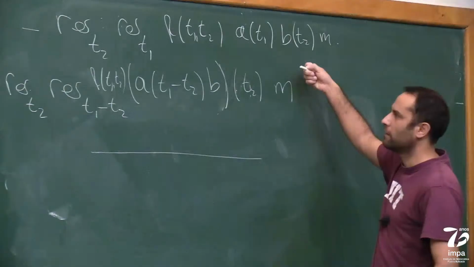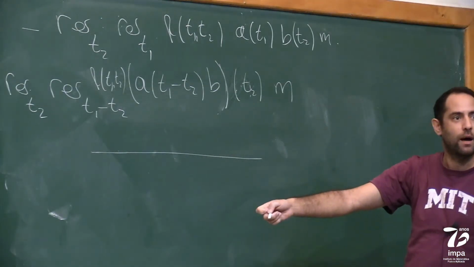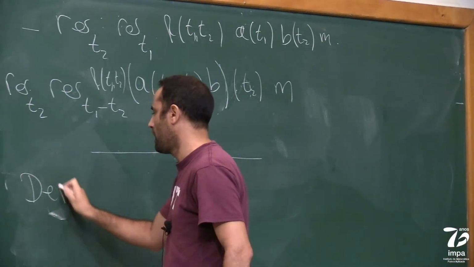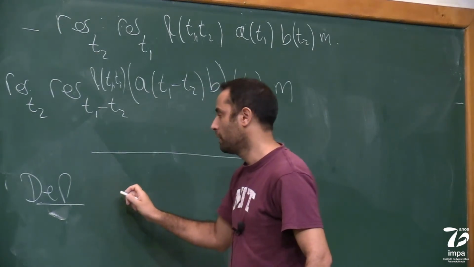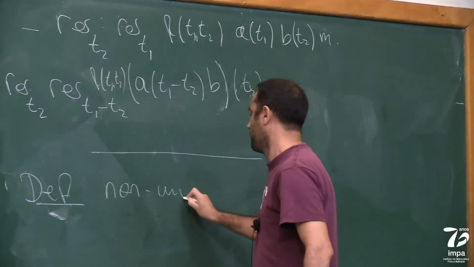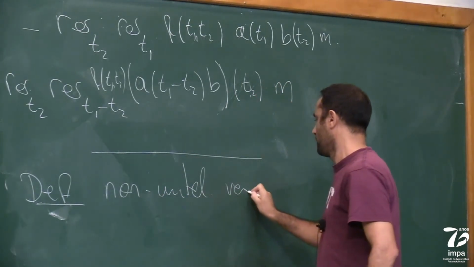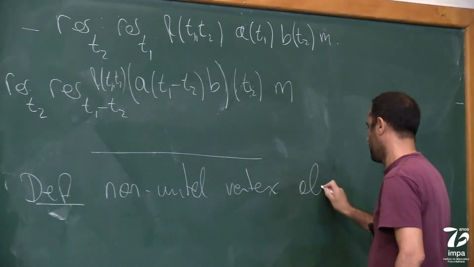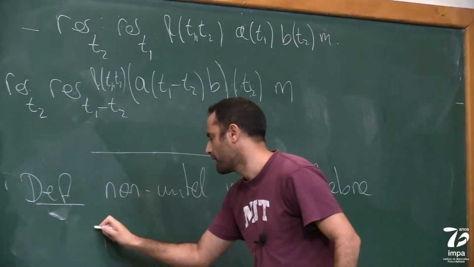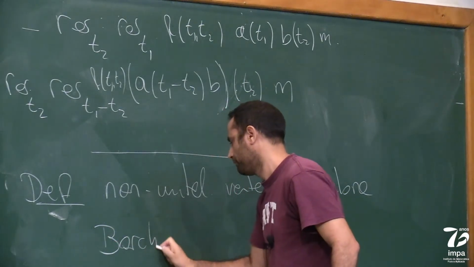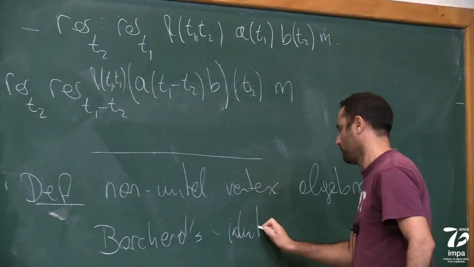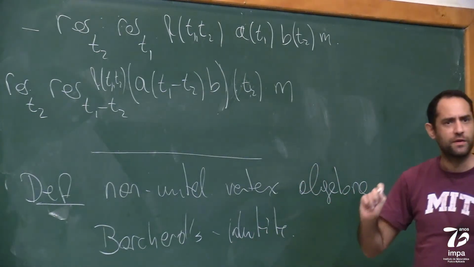Because the fact that these three sums add up to 0, this is the Jacobi identity, and this was the definition of vertex algebra according to Alberto de Sol. So this is the definition of a non-unital vertex algebra. So that's the Borcherds identity, the fact that the sum of these three things is equal to 0.